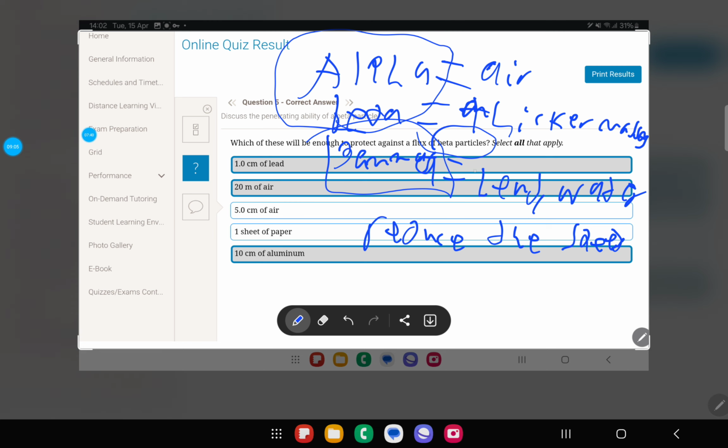So gamma can never be stopped, but alpha and beta can be stopped. Okay? So the thinnest one is alpha, which is the worst at penetrating, second one beta, and the last one gamma, which is the best at penetrating. Gamma, by the way, is the radiation emitted from the sun.